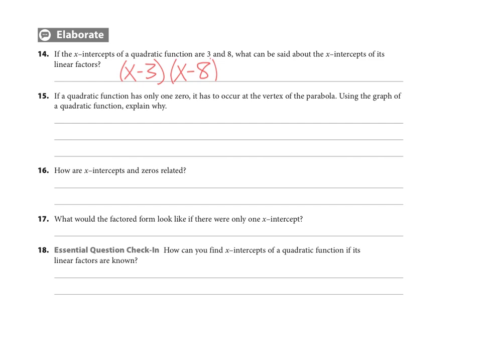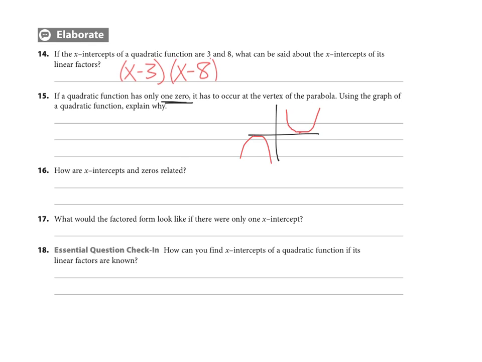If a quadratic function only has 1 zero, it has to occur at the vertex of the parabola. Using the graph of a quadratic function, explain why. Well, that's real easy. If here's a graph, the only way it can have 1 zero is if it touches the x-axis only one time, which means it has to occur at the vertex somewhere like that.